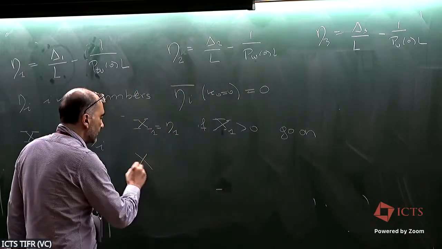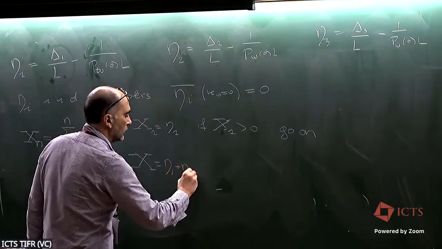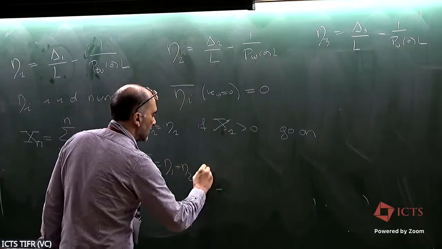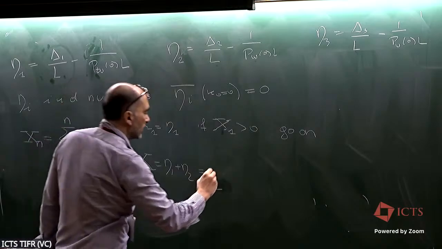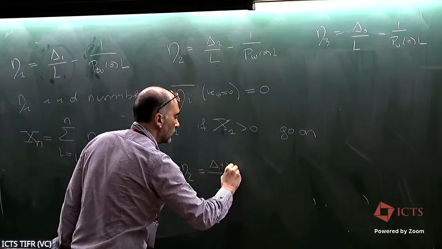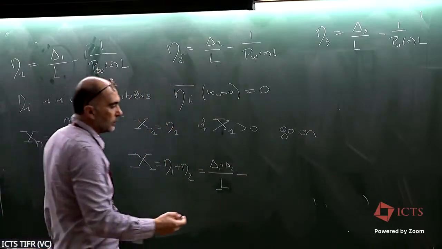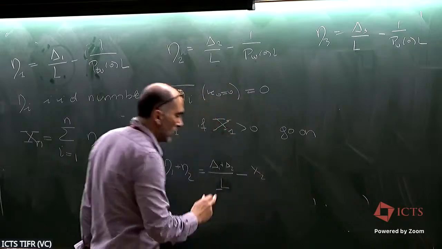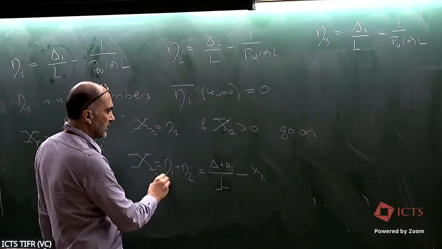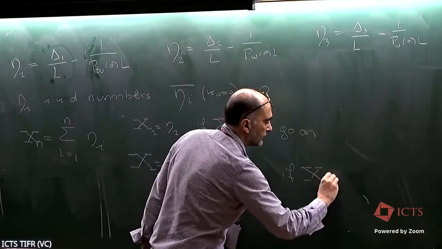x2 is equal to eta 1 plus eta 2. So it means that it is the sum of the two kicks, delta 1 plus delta 2 divided by L, minus the sum of the two gaps, which is the position x2. And again, if this is positive, go on.